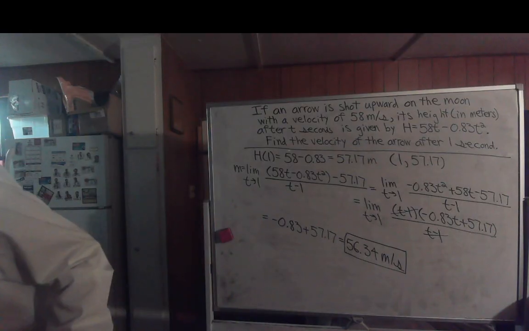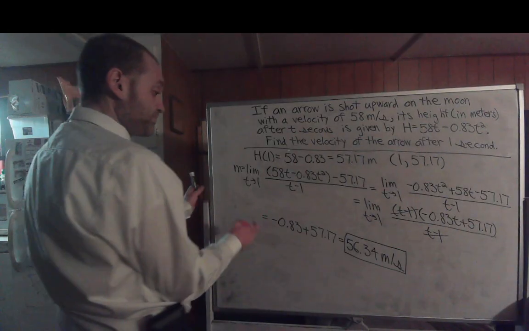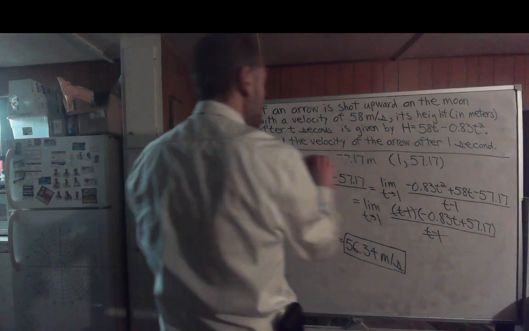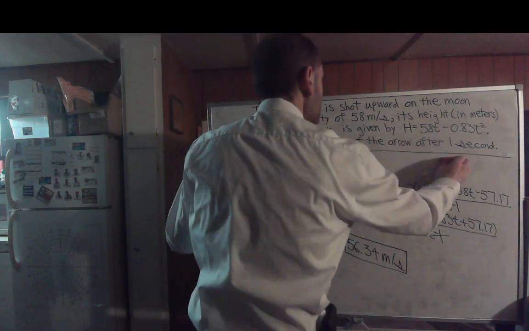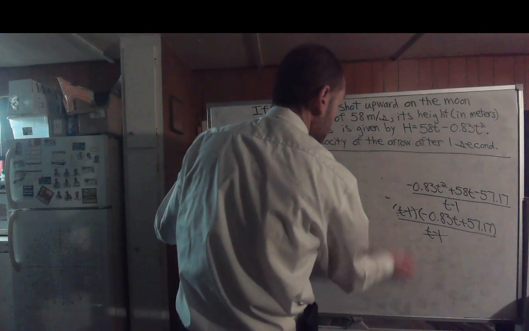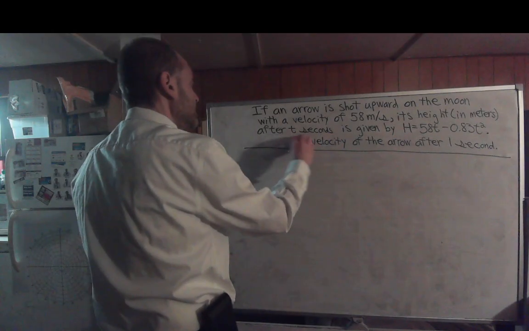Alright, so there are another two parts. When will the arrow hit the moon? So we did the velocity itself at 1 second. The next question is, when will the arrow hit the moon?